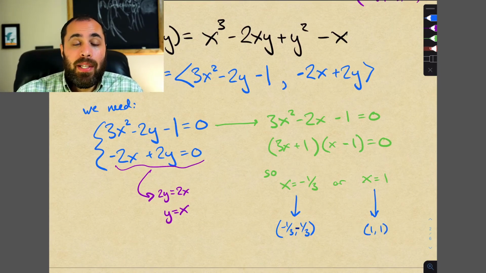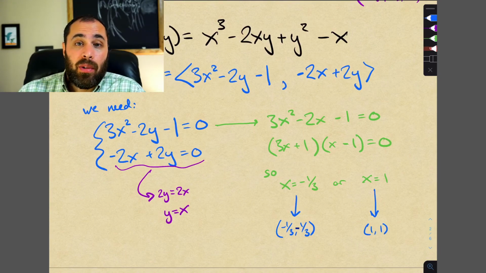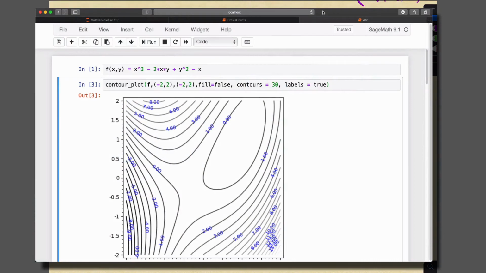Well, why don't we take a look in Sage and see what we can tell from the contour plot and from the graph. So in this Sage worksheet, I've input this function f of x, y that we just looked at, and I've asked for the contour plot.